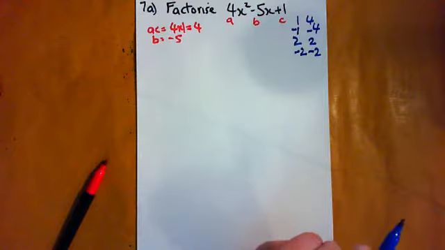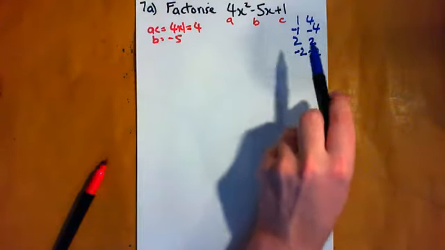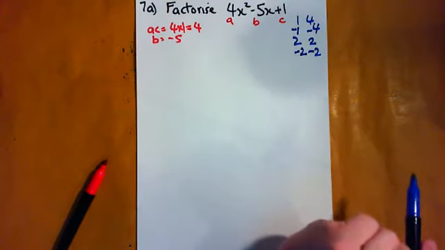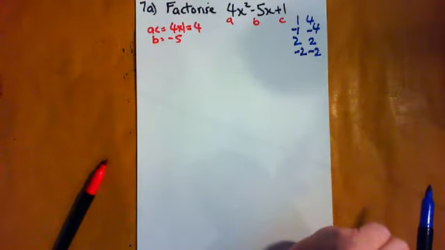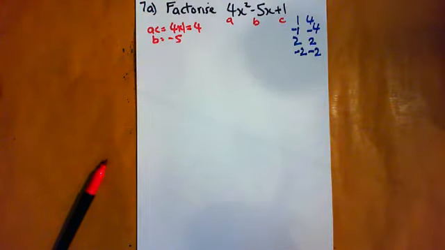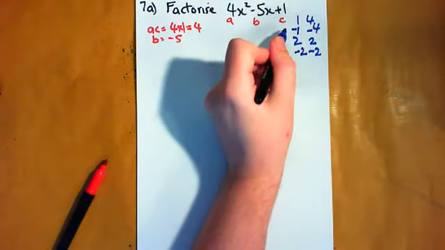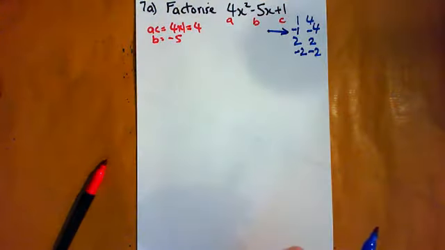Now that is as far as we need to go, because once we've got both numbers in a particular pair, that's all you really need. Okay, so we're going to pick which pair adds up to -5. That is going to be -1 and -4, which is that pair there.